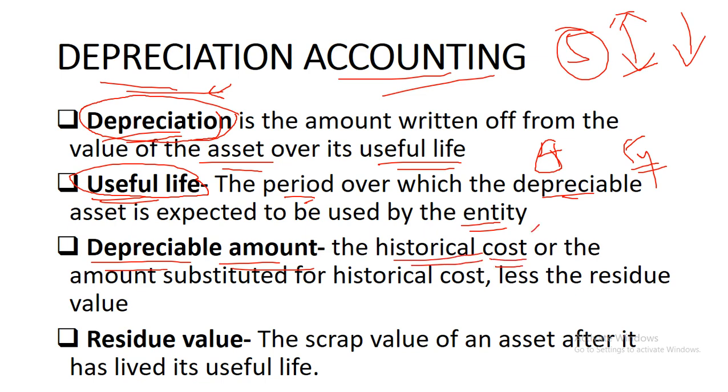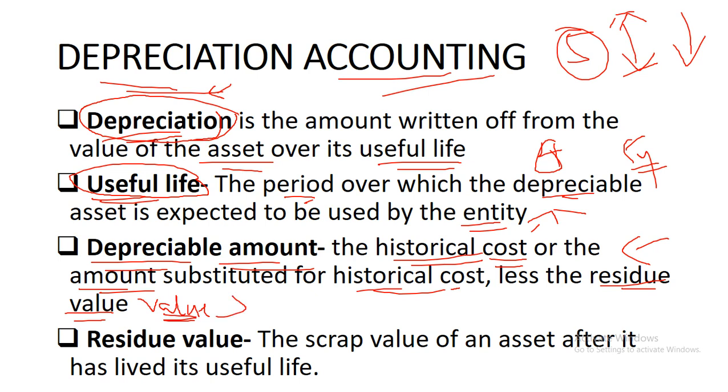Then depreciable amount is the historical cost. Historical cost is just the amount at which the asset was bought, or the amount substituted for the historical cost. It can be the net book value less the residue value. So the residue value, we're going to look at this. The residue value is the value of the asset after the useful life has elapsed, right?